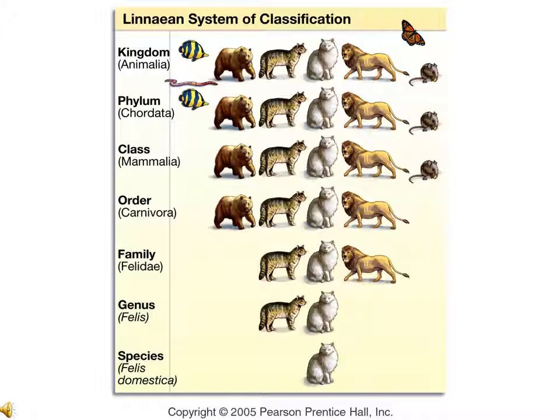We break down the carnivores into families. One family is the Felidae, and we can break this down further into the cat, the genus Felis, and finally into the domestic cat. So this clearly illustrates how the overall classification system works.